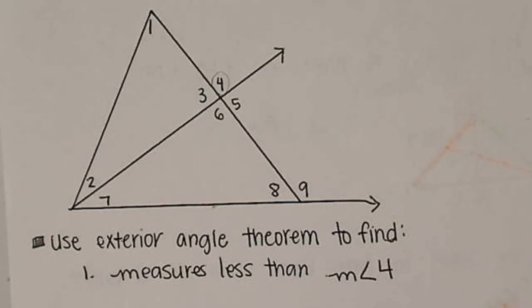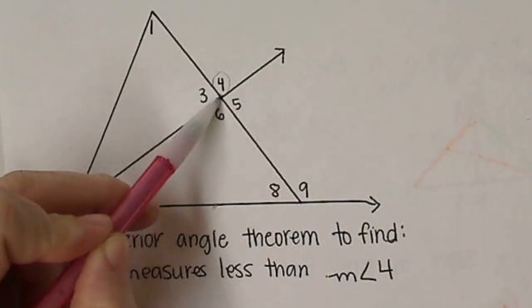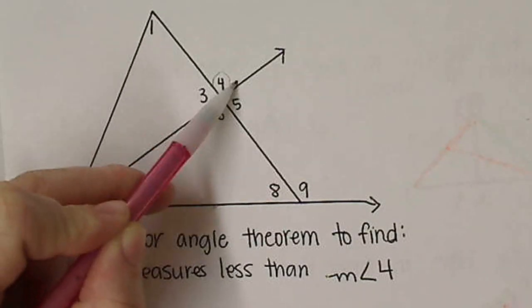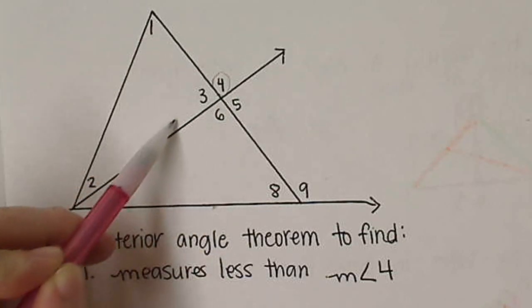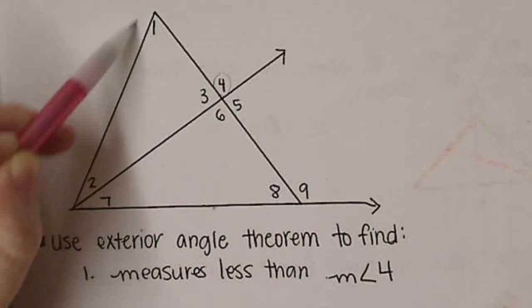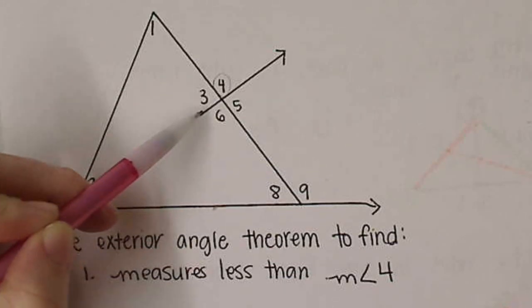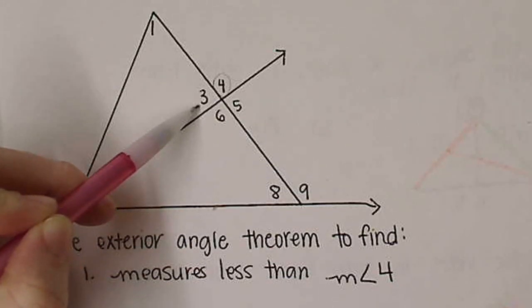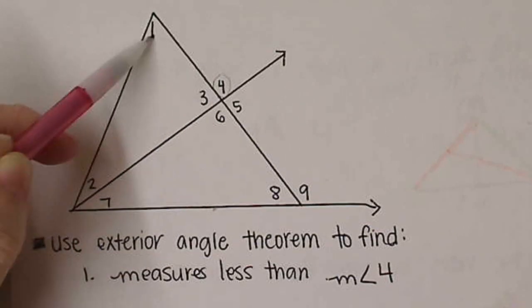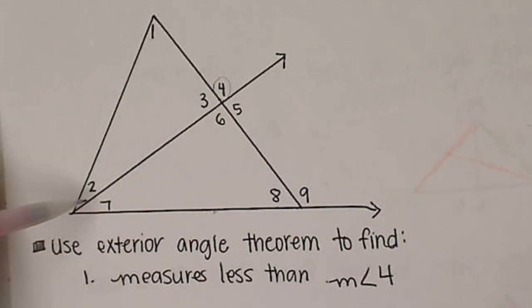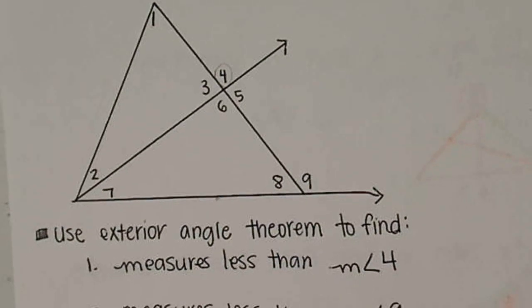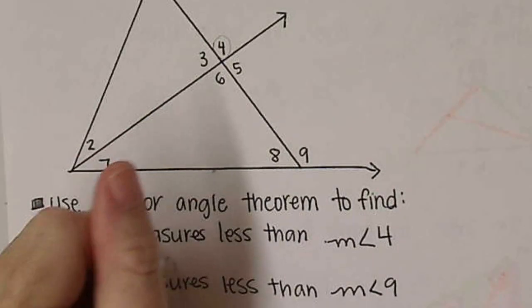We can assume that since it's on this side of the line, we're only looking at this triangle right here. So even though angle 3 may be, we can't count it. But we can count angle 1 and angle 2. So that is our answer for number 1, angle 1 and angle 2.